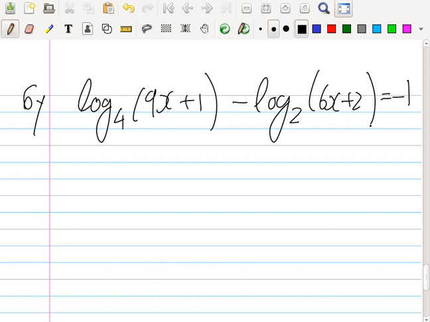And it's of no interest to me to swap the base in the argument because that will just make matters worse. What I really need to do is change that base 4 into base 2, or the other way around, base 2 into base 4. It doesn't really matter. I think we'll do the 4 to become 2, okay?